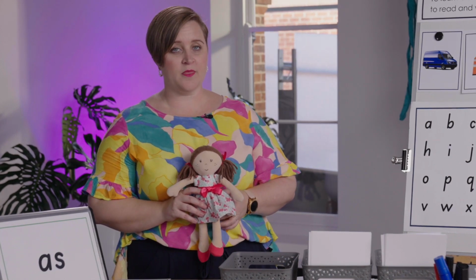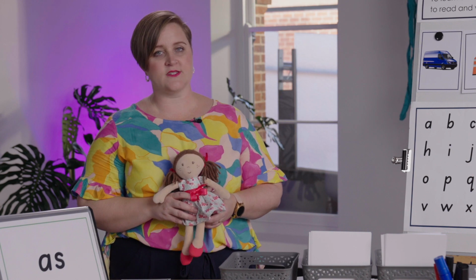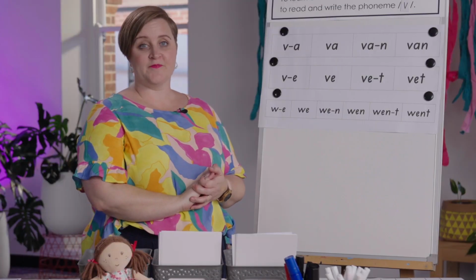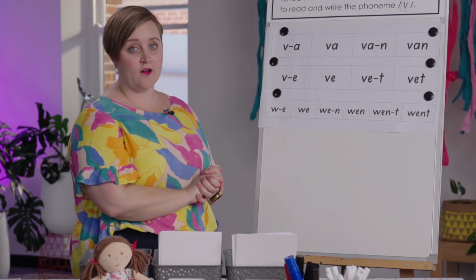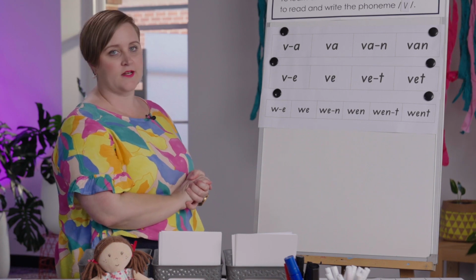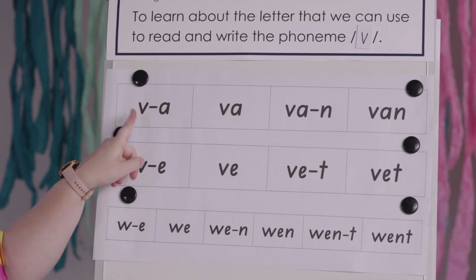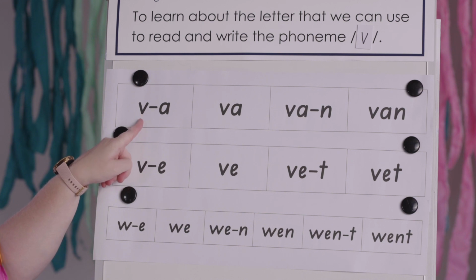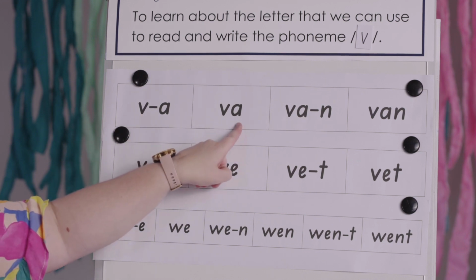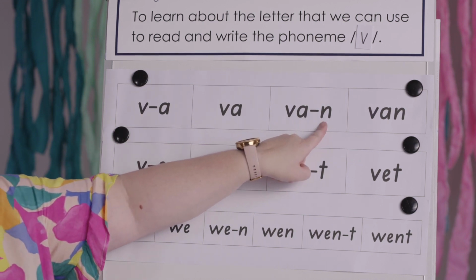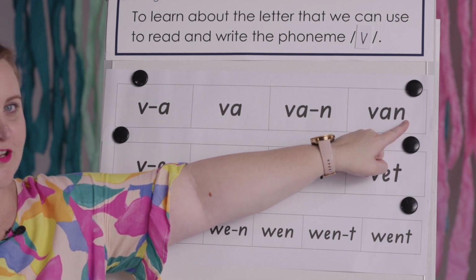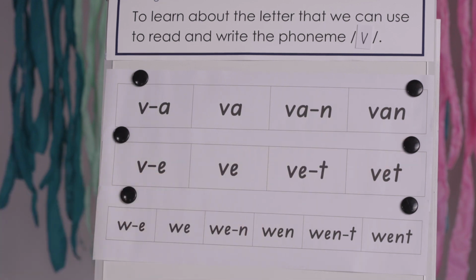I'll put our words up on the board and we'll decode some words together. Okay, we have some words up on the board that we're going to sound out and put back together. Are you ready? Let's try this one. Van. What word? Van. Well done. Let's try the next one.